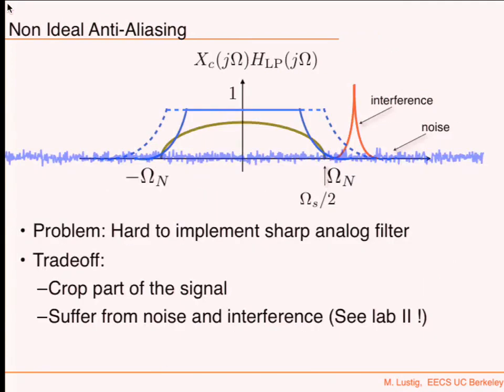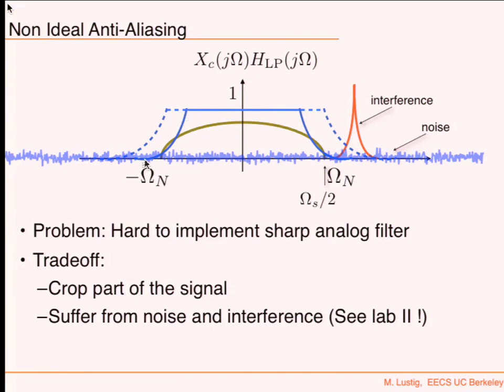So, in the case of a non-ideal anti-aliasing filter, there's interference. I got a spectrum. I multiply by a low-pass filter. And if I actually filter my signal, there's going to be a trade-off here.